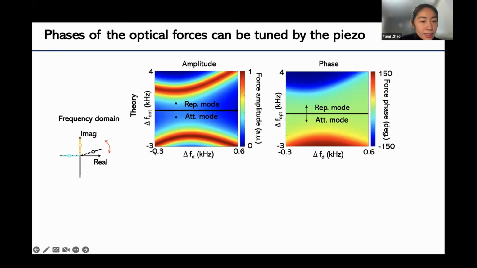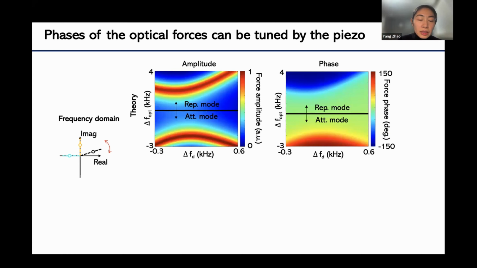And on the y-axis is how different the optical modulation frequency is from the natural frequency of the cantilever. You will find you only want the optical modulation frequency, not the actual wavelength, and the dithering frequency to be rather close.